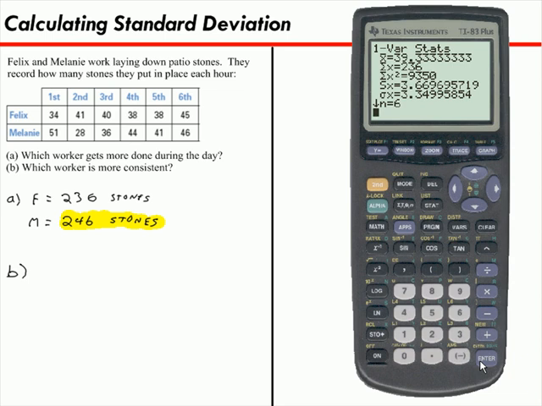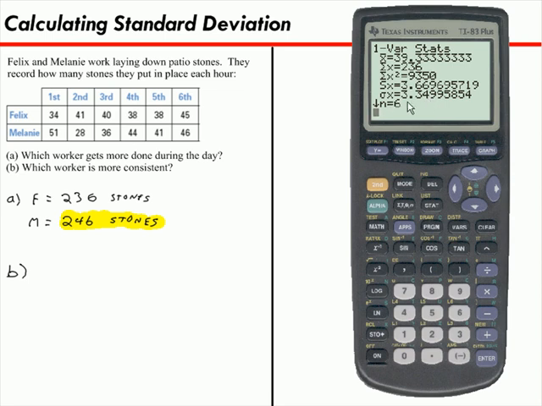And there we go. It's computed lots of things for us. The first thing with this X with the bar over top is the mean. So even though the question didn't ask for it, it's kind of interesting that Felix averages about 39 patio stones per hour. Not bad. The standard deviation is the last one in the list. It has this symbol right here, 3.35, we'll say.